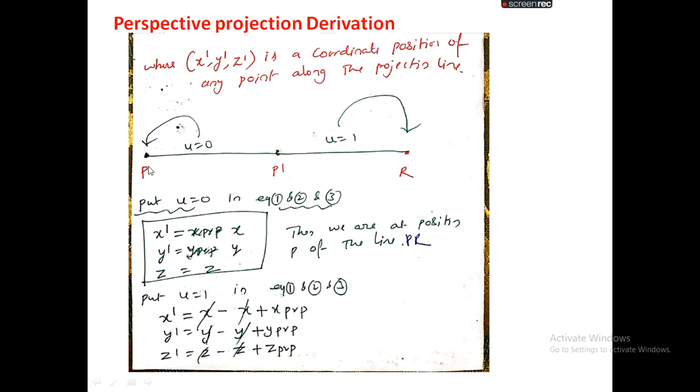P represents the first end point of the projection line, and R represents the second end point.